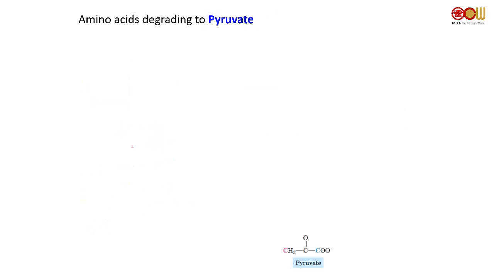Pyruvate is going to be complicated. Pyruvate, the simplest one would be alanine. Okay, alanine looks just like pyruvate, except it's alpha amino instead of alpha keto. Okay, so pyruvate 1 carbon, 2 carbon, 3 carbon, alanine 1 carbon, 2 carbon, 3 carbon. Same thing, transamination, done. Okay, very easy.